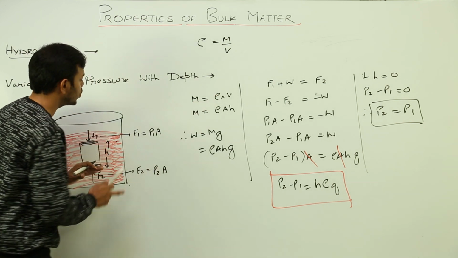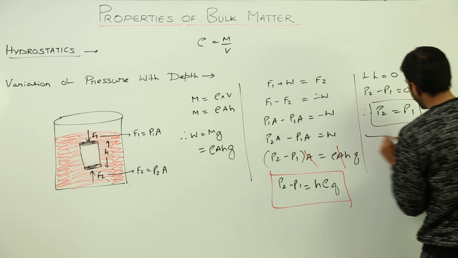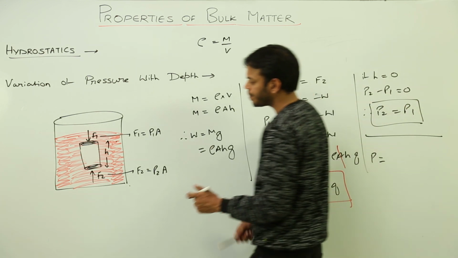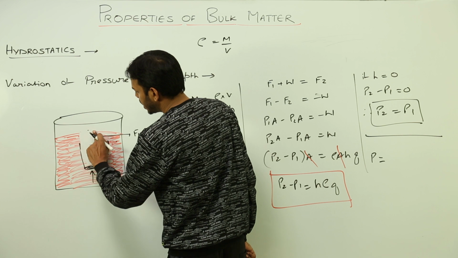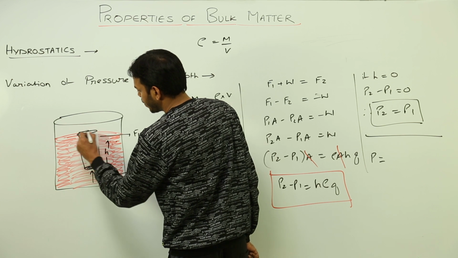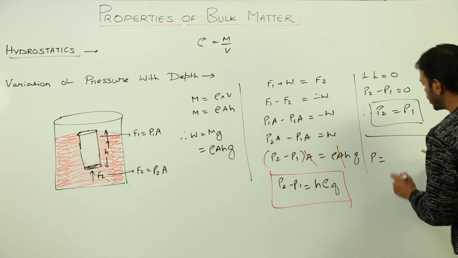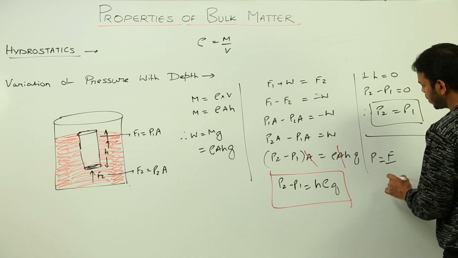If you want to find the value of pressure, it can be figured out very easily, and we will ultimately reach this formula only. Suppose we have to find the pressure for this much height H of liquid column. Pressure is force upon area.